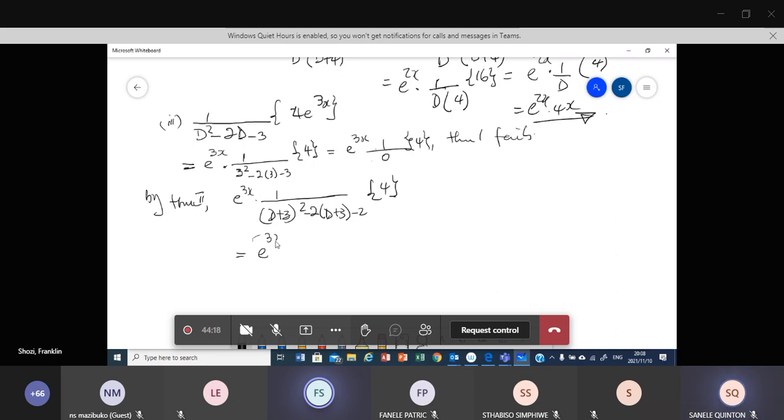That becomes e to the power 3x times 1 all over d squared plus 6d plus 9 minus 2d minus 6 minus 2. Yes? Minus 2 should be minus 3 here, sorry. Right, thank you.